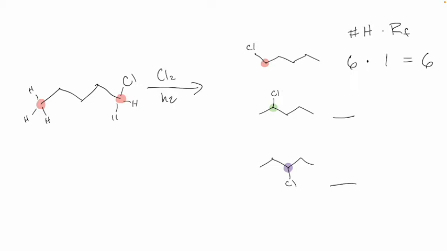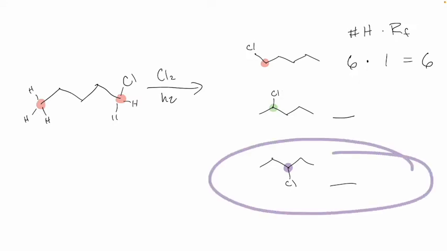All right, so actually this third one here is probably a little bit easier than the other one. How many hydrogens could I substitute out to get to this product here? All right, so it would be from this carbon here, which has 2 hydrogens on it.